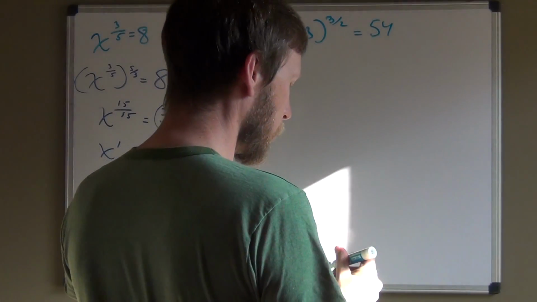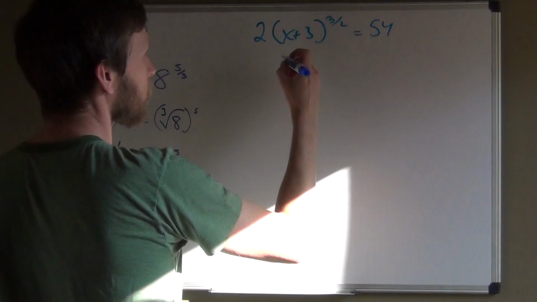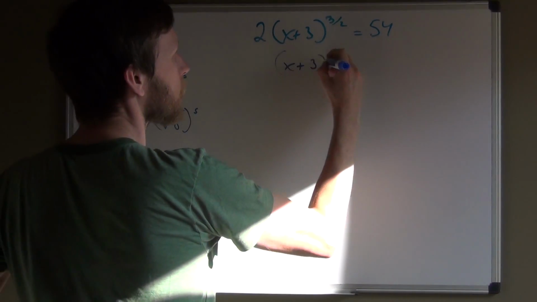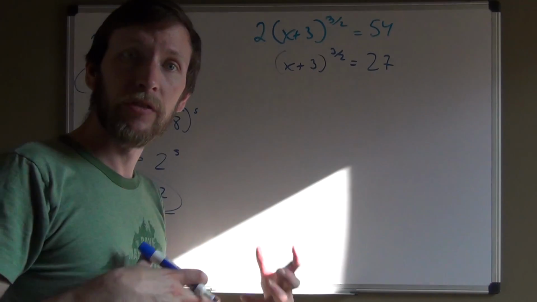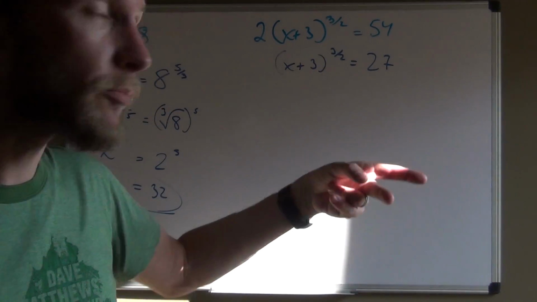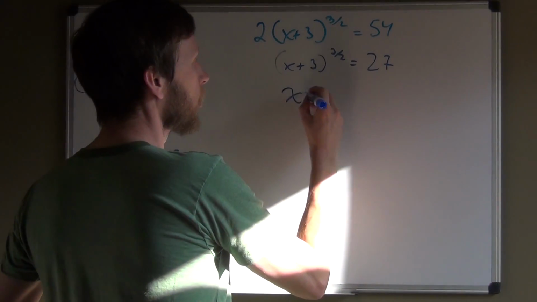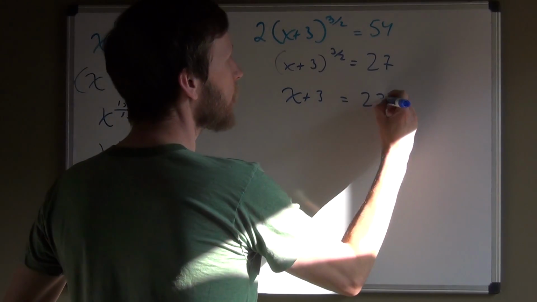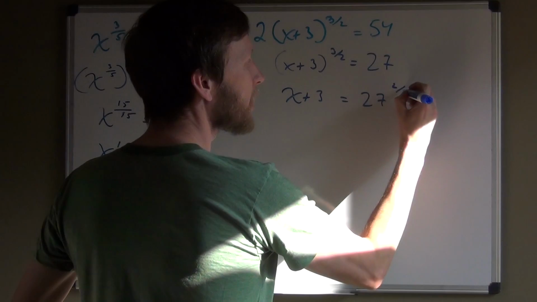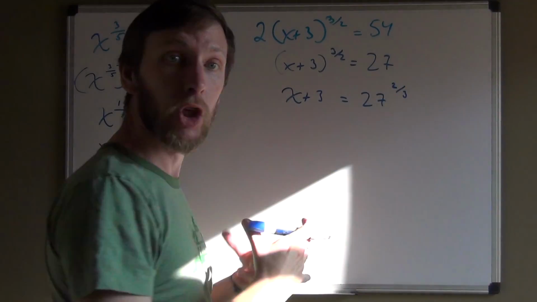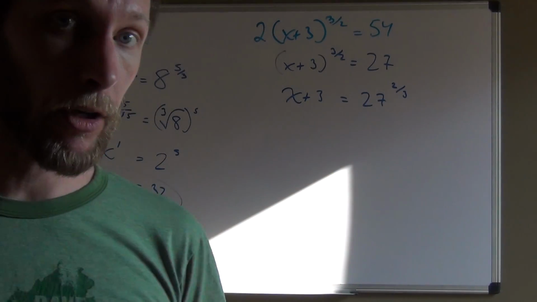I need to divide both sides by 2 first. But on both sides, my reciprocal exponent is going to be 2/3. When I take both sides to the 2/3 power, I'm taking an odd root.